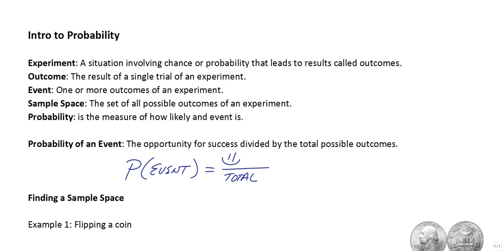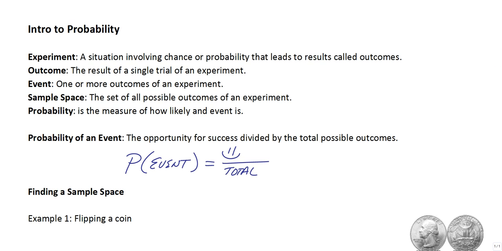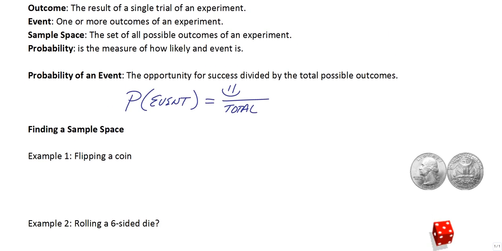So flipping a coin, rolling a die, doing a spinner, there's all sorts of different types of total. So it's the total possible outcomes, which is your sample space. Okay, and like I said, success is just what you're looking for.